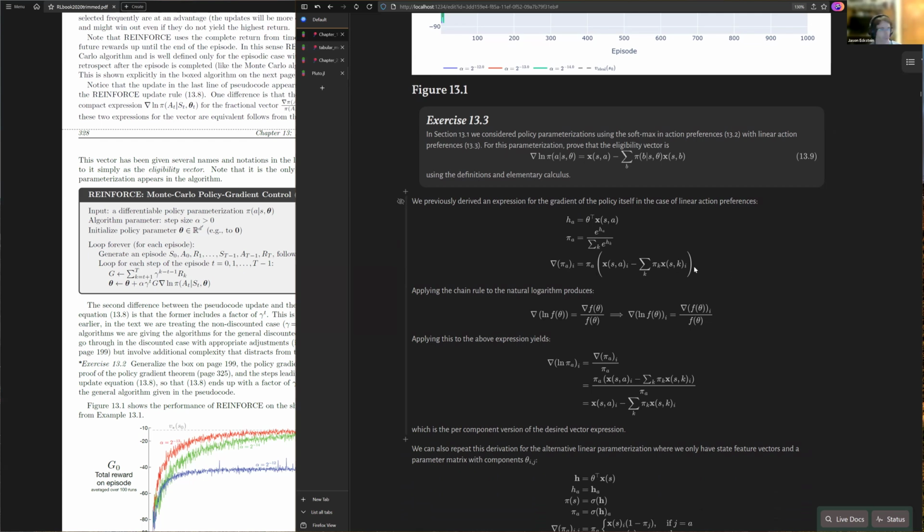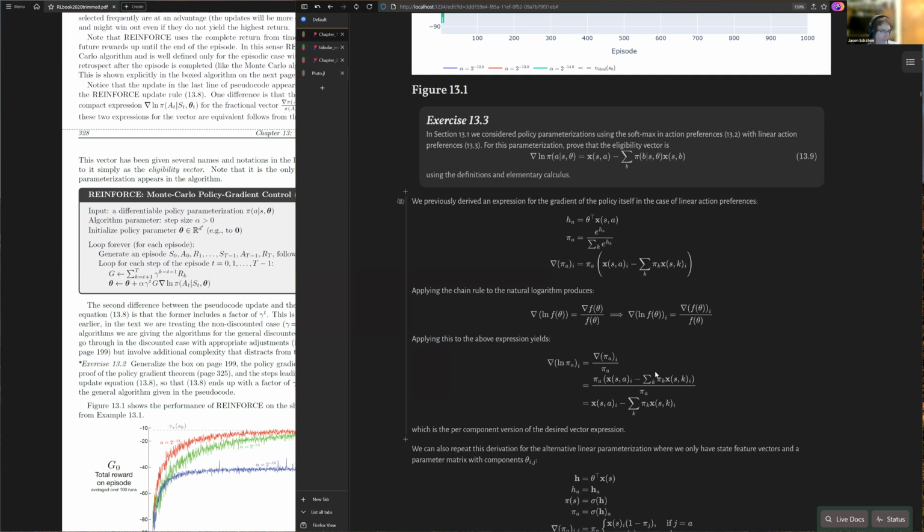And you'll see that for the eligibility vector, all we have to do is, if you take the gradient of the log of a function, it's just the gradient of that function divided by the function itself. And you can also break this down on a component by component basis. But if we apply it to this case, all we do is divide by pi sub a, which is just the policy value at action A.